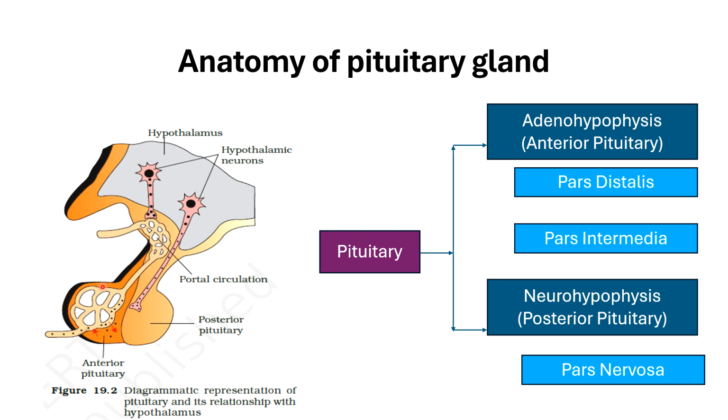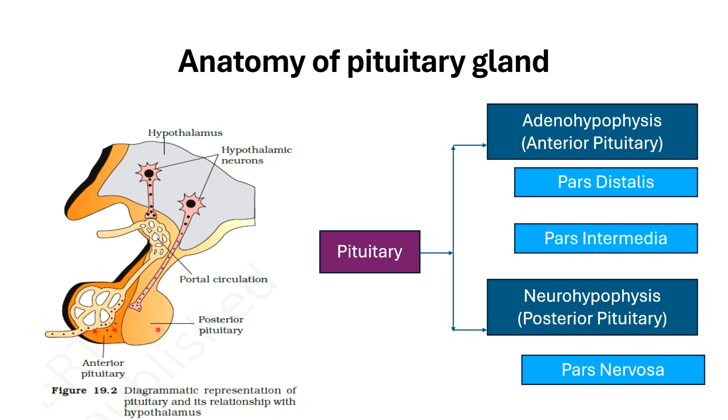The anterior part is also known as the adenohypophysis and the posterior part is also known as the neurohypophysis. If you pay close attention, the hypothalamus is connected to the anterior part via the portal circulation. You can see this is a portal circulation and it connects the hypothalamus and the anterior pituitary.